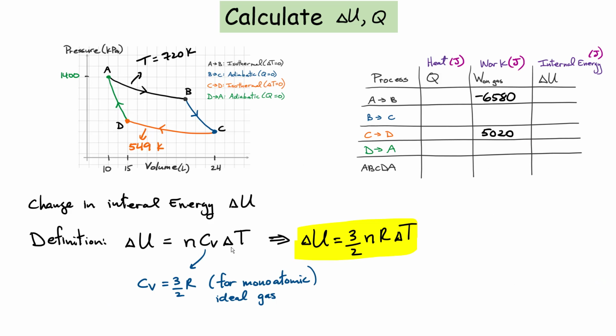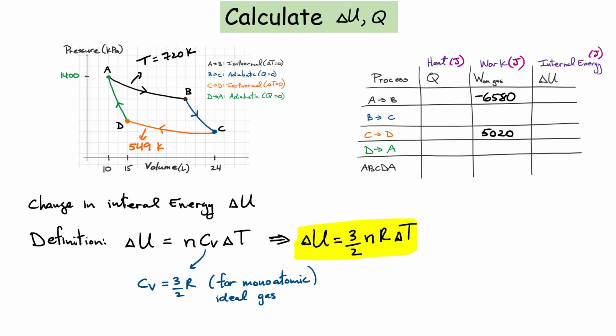Now I'm also going to look at the change in internal energy, and I've written a formula here. This is a definition, okay? The change in internal energy is equal to little n, the number of moles, times this quantity CV, the heat capacity, and for a monoatomic gas here, the value is 3/2 multiplied by the ideal gas constant. So when you stick everything in, you get this highlighted equation here.